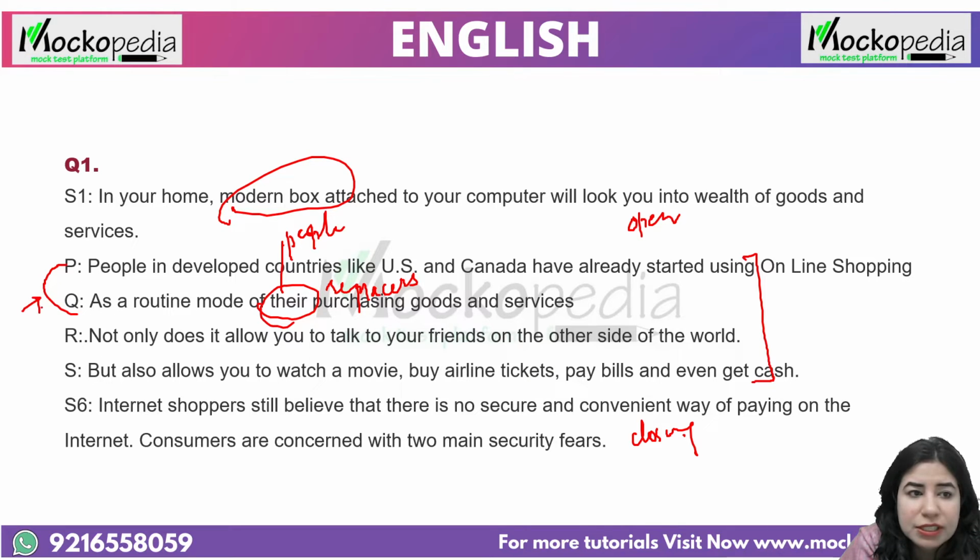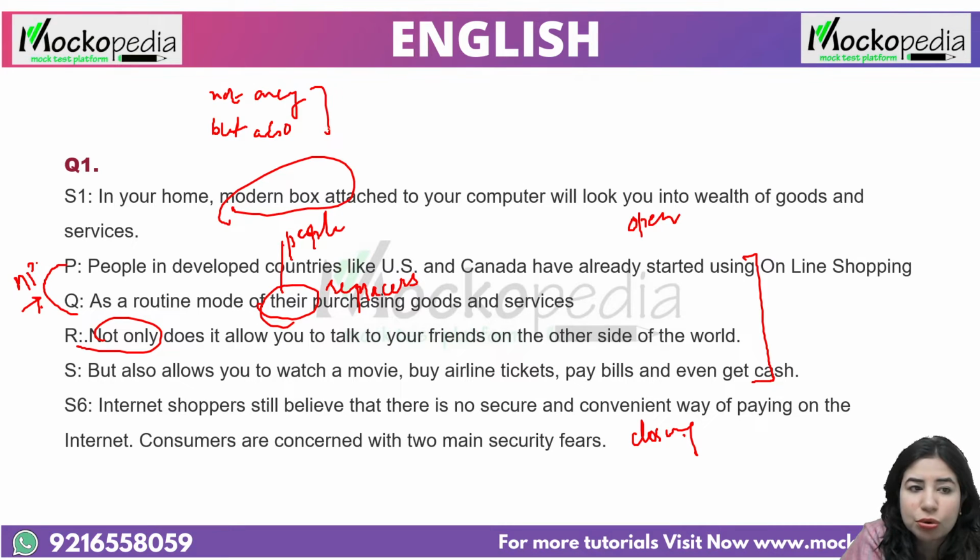However, let's read all the sentences before we completely agree on this part that PQ will be the mandatory pair. "Not only does it allow you to talk to your friends on the other side of the world..." So not only is there this phrase, but also, not only but also, right?